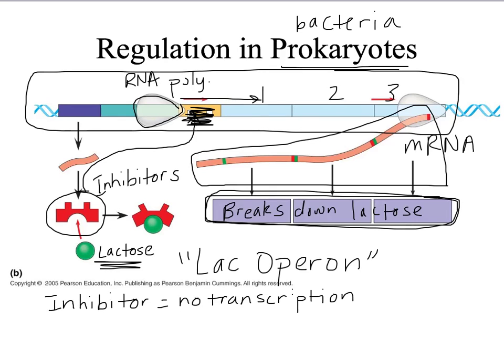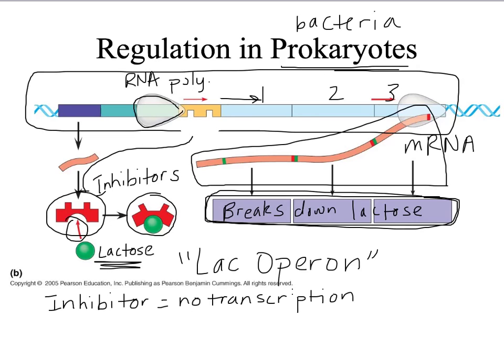The lactose binds with the inhibitor. And as you can see, that changes the shape of the inhibitor when the lactose is bound to it. Well, what happens when the shape of the inhibitor is changed? It can't fit into the spot anymore. So now that spot is open. And what does that mean if that spot is open?